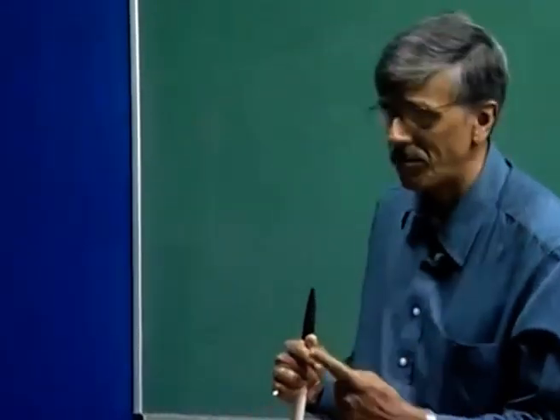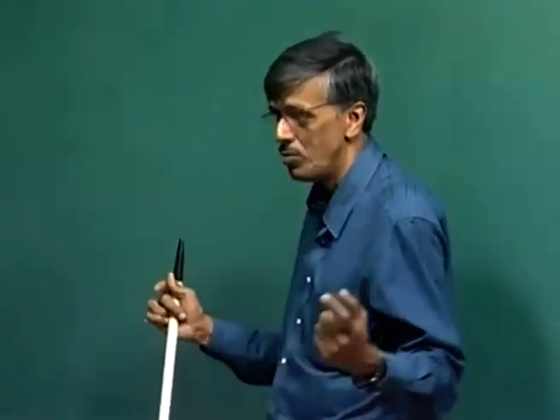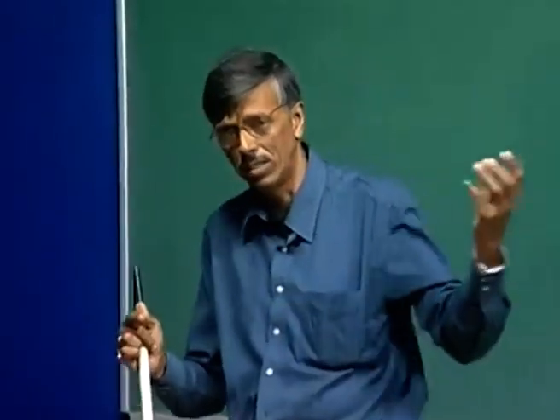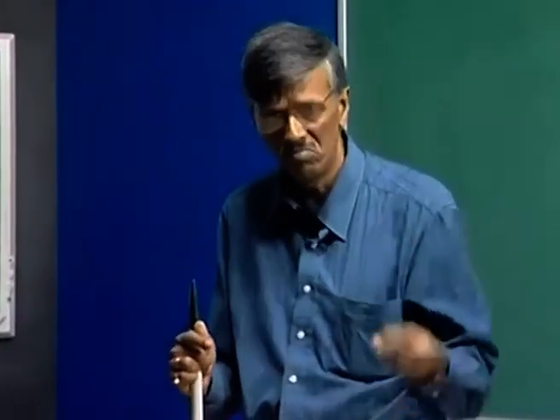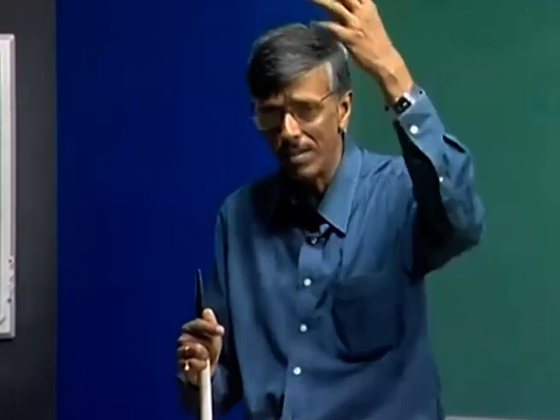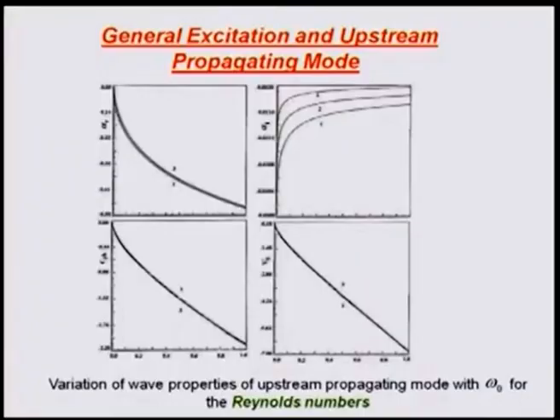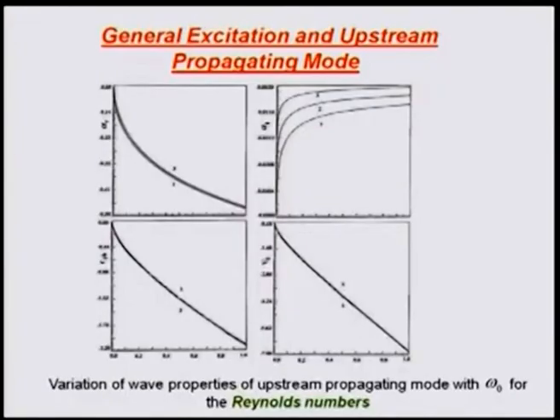So if I am looking at a tunnel with a dirty flow, then those discrete vortices going over the plate would give rise to some of these modes. And you can actually see the various values of phase speed and group velocity will tell you they are indeed upstream propagating.